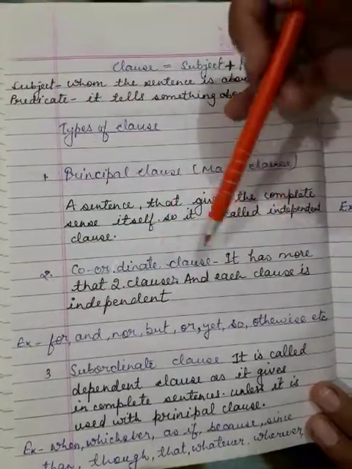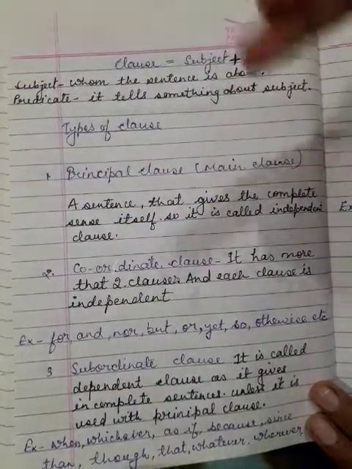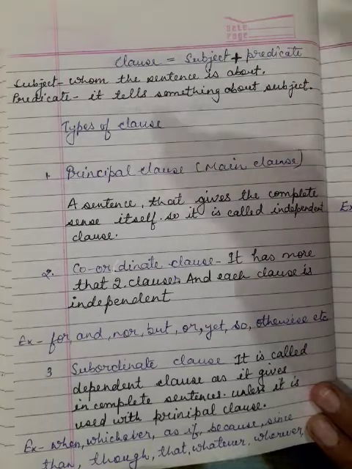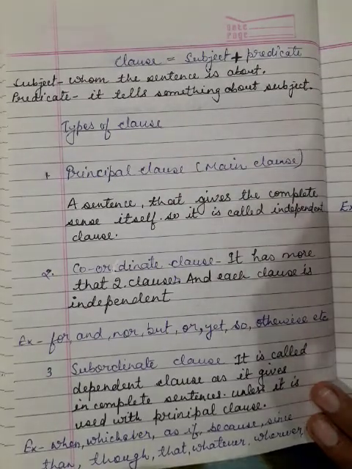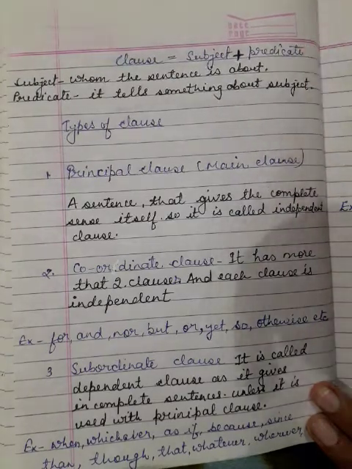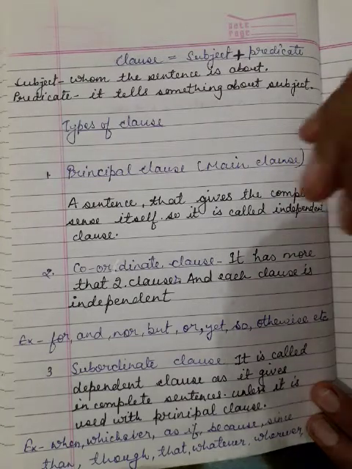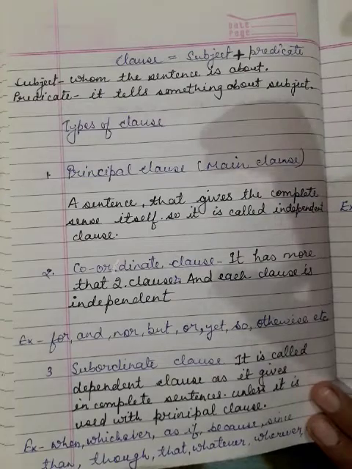Why? Because in a coordinate clause there are more than two clauses, and अगर उन clauses को हम conjunction से जोड़ें नहीं, still they will be themselves complete, वो अपने आप में पूरा सेंस देंगे.